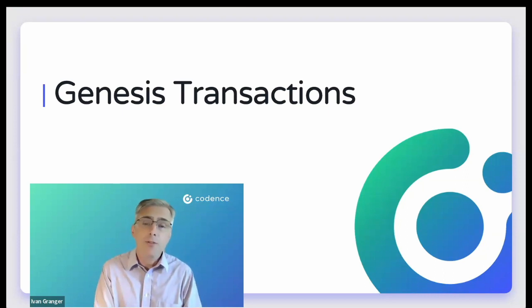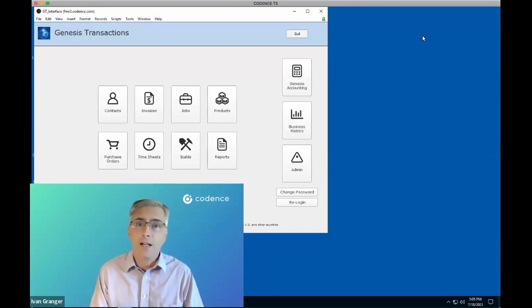Or you can, if you choose, work with Genesis transactions, which is a rich set of modules and features to handle all that. For demonstration purposes, we're going to look at Genesis transactions.